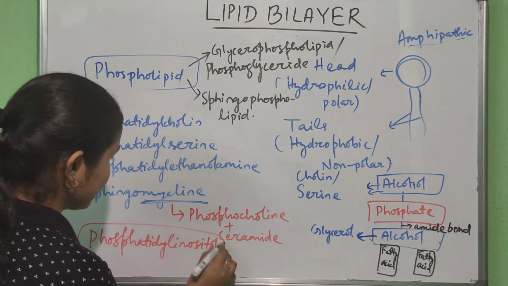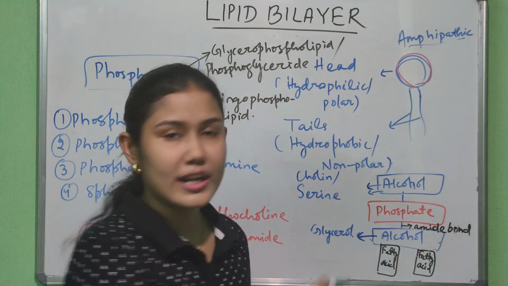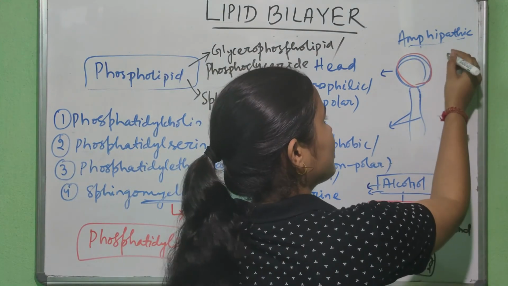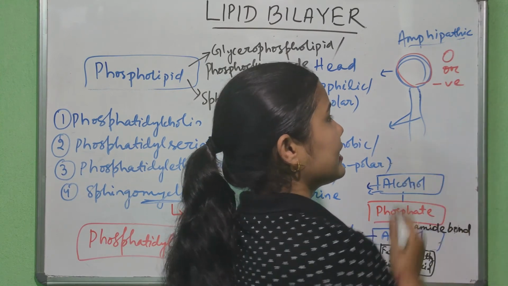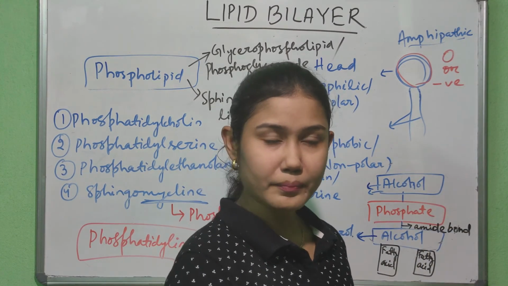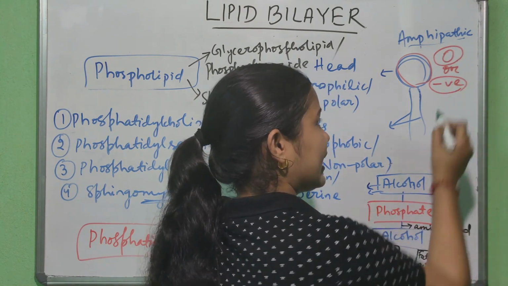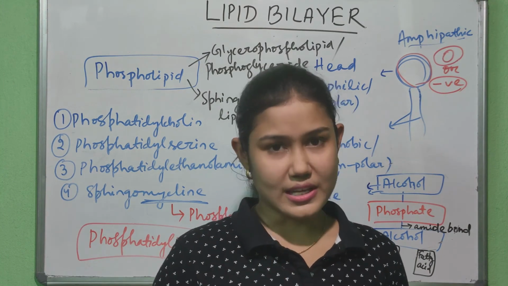Clear? So the head of the phospholipid molecule can have no net charge, or the net charge is 0, or it may have a net negative charge. This 0 net charge or negative net charge is considered only at neutral pH.